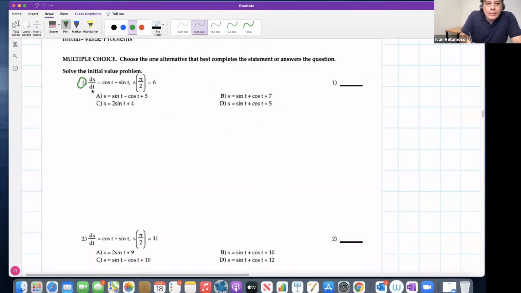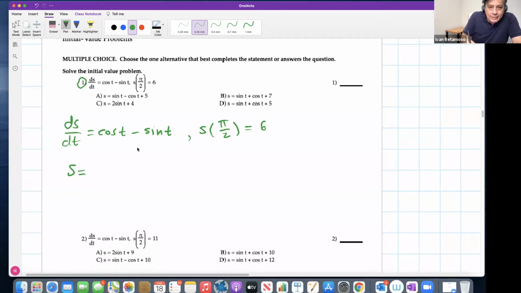In this initial value problem, they're telling me that the derivative of the function s with respect to t is equal to cosine of t minus sine of t. And they're telling me that s evaluated at pi over 2 is equal to 6. This is an extra condition. So I start by saying that s, since its derivative is this, should be equal to the antiderivative of this guy.